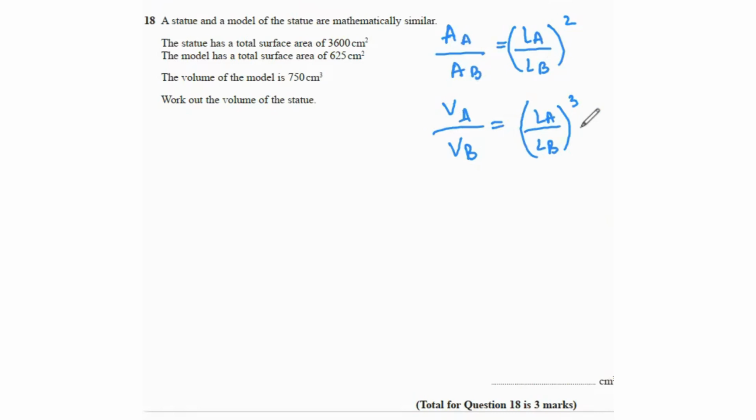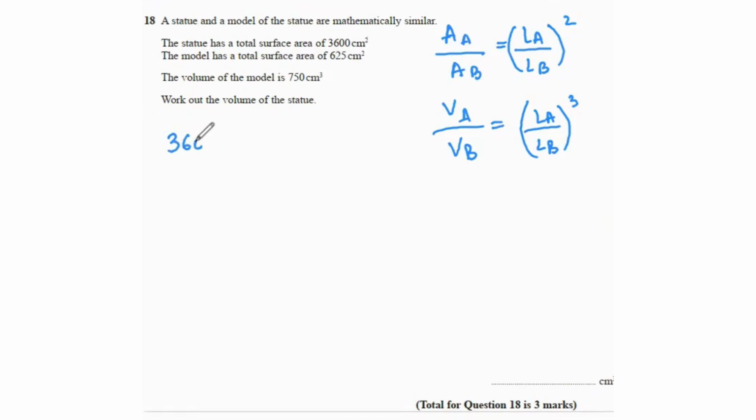So once again, if it's just the lengths, we don't square or cube the scale factor. The fraction remains as it is. But if you're talking about the area, then the ratio of the area is equal to the ratio of the square of the lengths of those shapes. For volume, the ratio of the volume is equal to the cube of the ratio of the lengths. So over here, it says that the surface area is 3,600, 625.